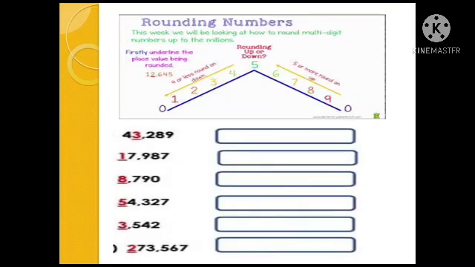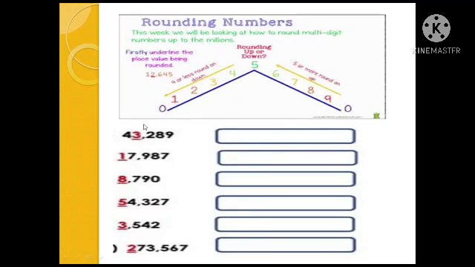So they have given the question, and the number which we have to round off is colored red. As I said, when we are converting the number, we have to see the next number. To convert 3, I have to see the next number. The next number is 2, that is 200, so it is less than 500.